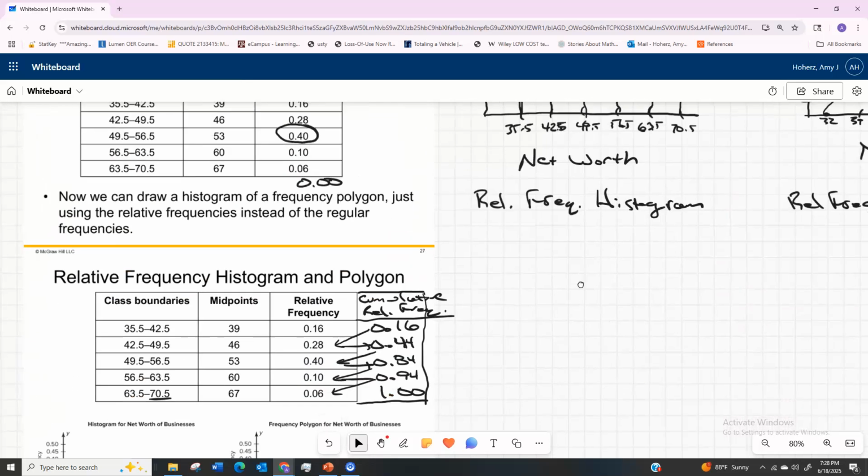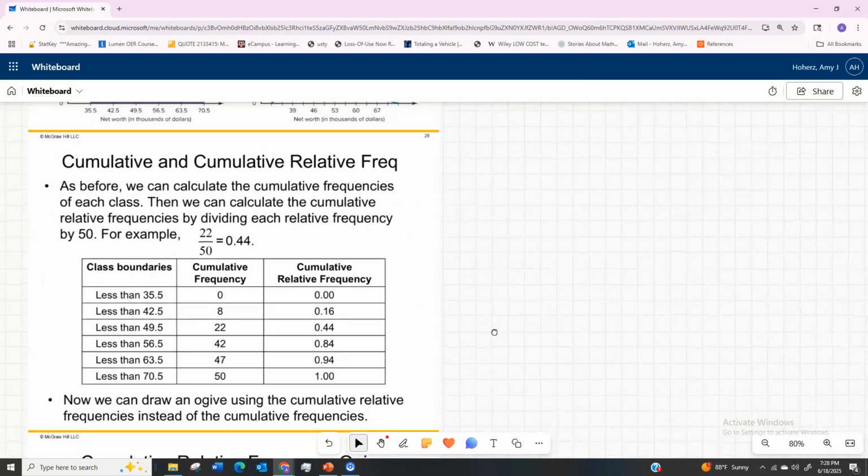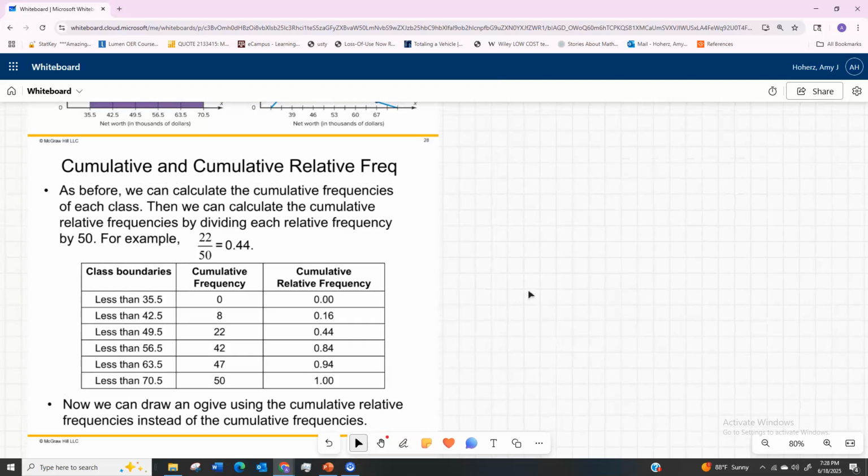Okay, so we're going to start with 35.5. Well, let's talk about the y-axis first, because we've done that for the other ones. In this case, we need to get all the way up to 1, because that's our largest value for our cumulative relative frequency. And so I'm just going to go by 10% each time.